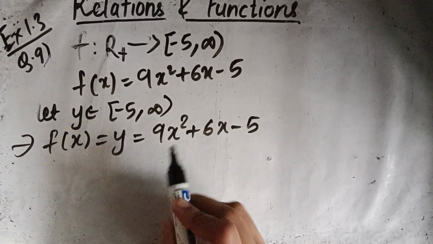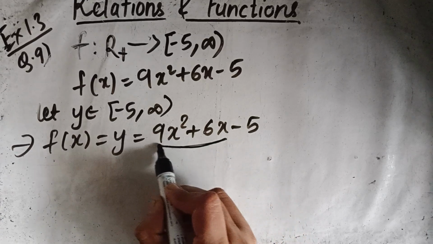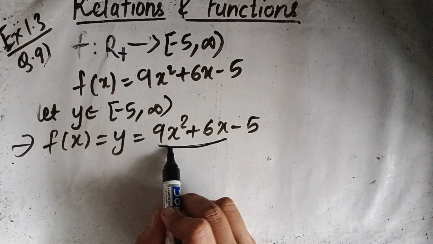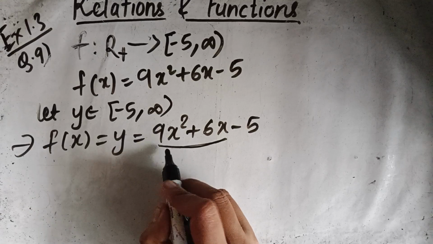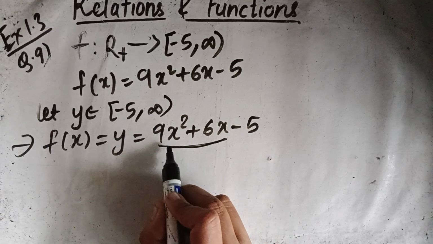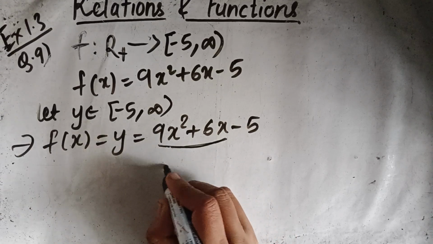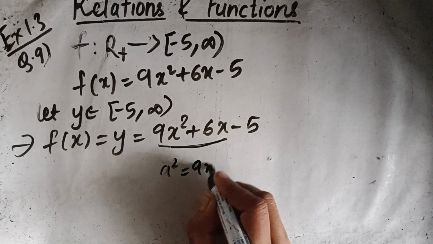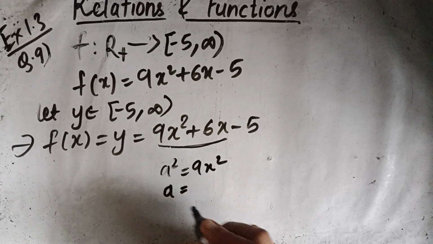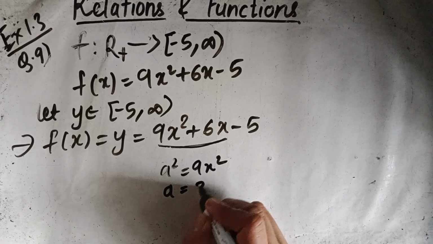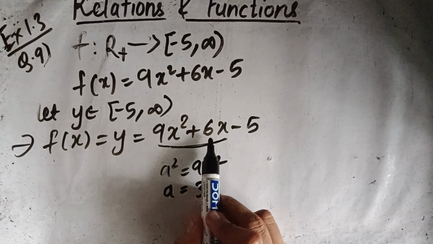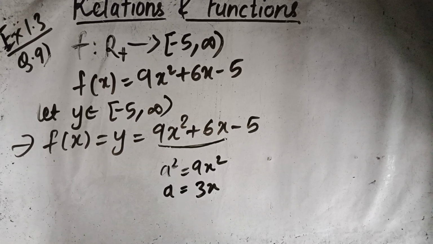So here you have to convert into a plus b the whole square. This is your a square. A square is 9x square, so your a is 3x. And 6x is your 2ab.